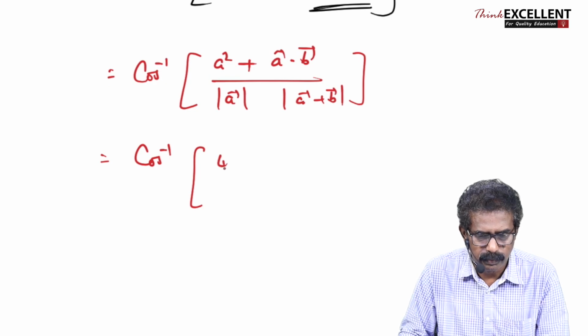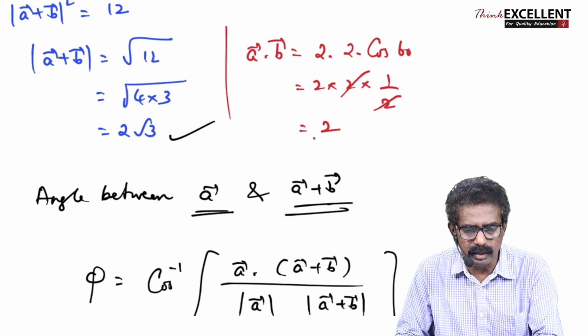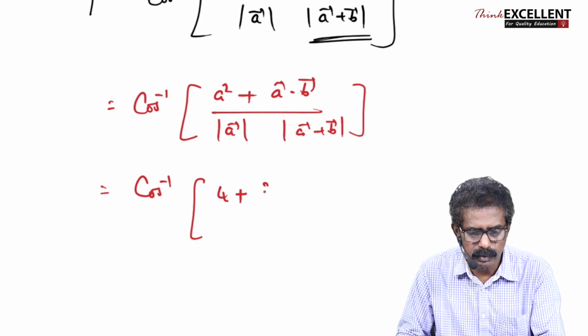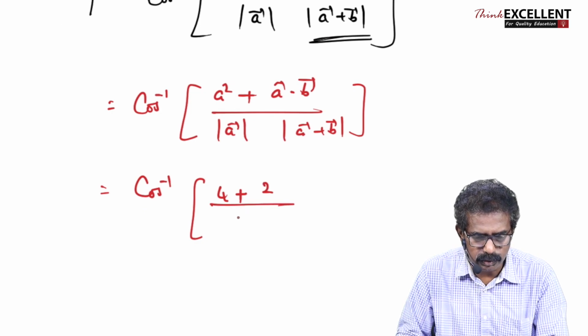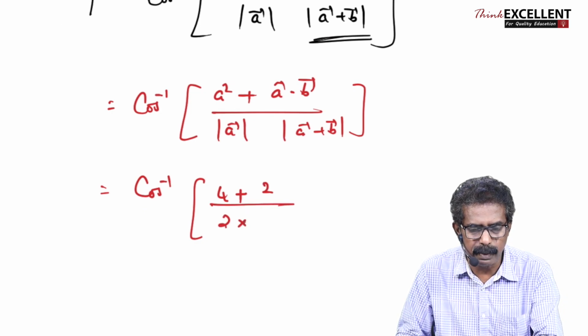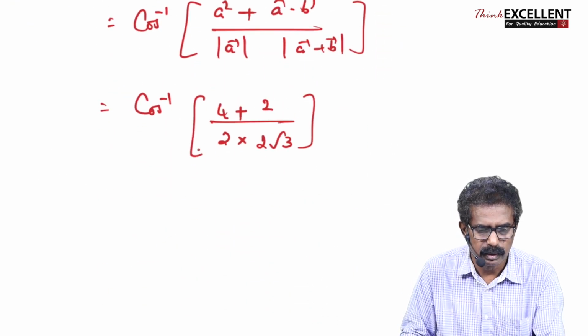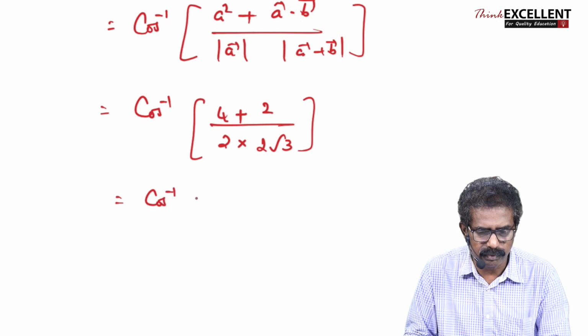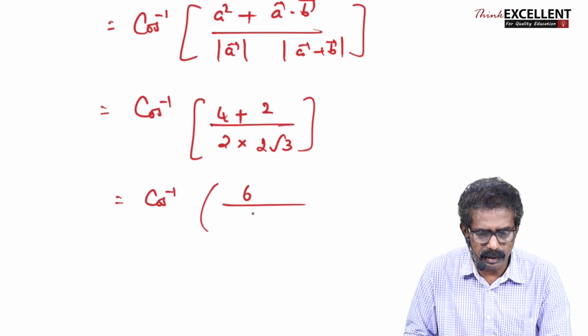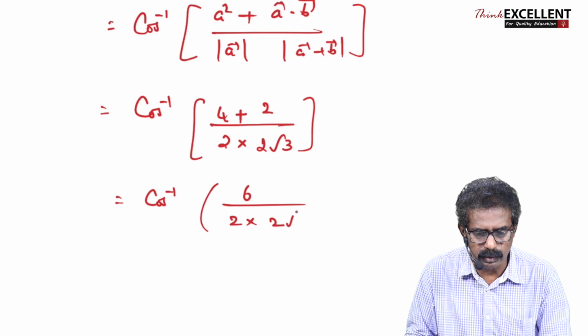So 4 plus A dot B value, we got it here, A dot B value 2, divided by modulus A is 2, modulus A plus B is 2 root 3. So that is cos inverse of 6 by 2 into 2 root 3.